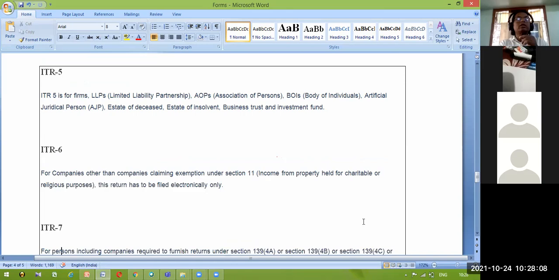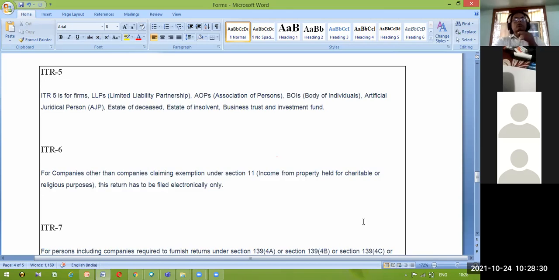And last, ITR 6, very simple, for companies other than companies claiming exemption under section 11. I have already told in the last video that under section 11, some companies can claim deduction or exemption on income from property held for charitable or religious purposes, and the return has to be filed electronically.